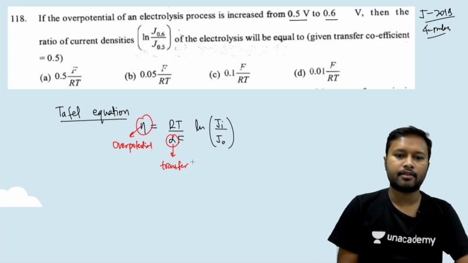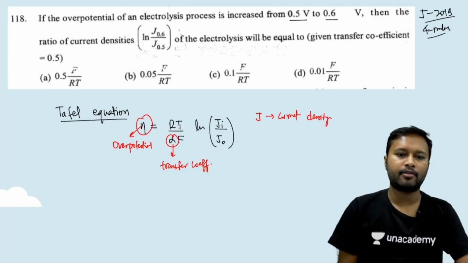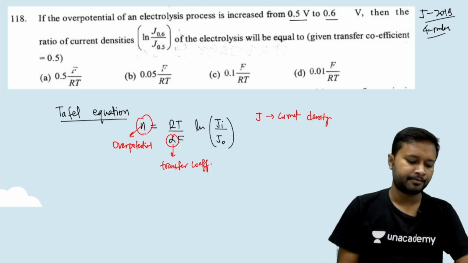Then Ji upon J naught is the current density; J denotes your current density. The rest of the things are constants: R is the gas constant, T is the temperature, F is the Faraday constant. You know all those things. You have to use this equation to solve this particular question.